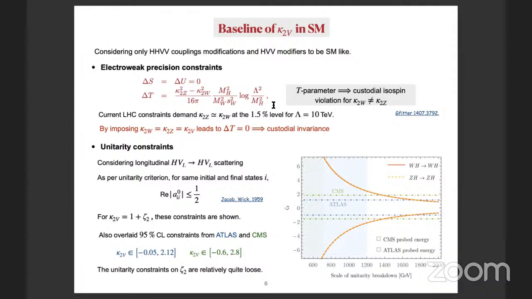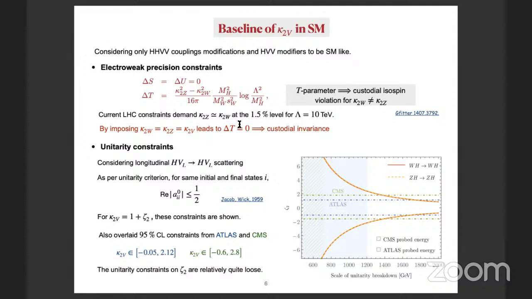Before discussing the constraints, we need to look into electroweak precision constraints. These couplings are flat rescalings, with no momentum dependencies. So your delta S and delta U parameters are 0, whereas the delta T parameter is non-zero, which corresponds to custodial isospin violation, which we can clearly see if your HHZZ coupling is different from the HHWW coupling.